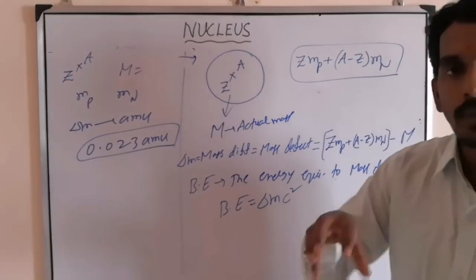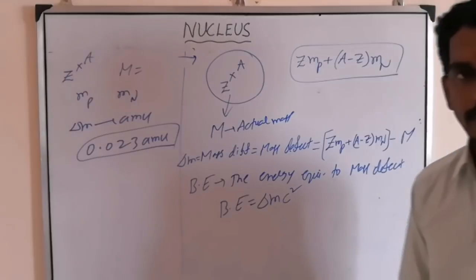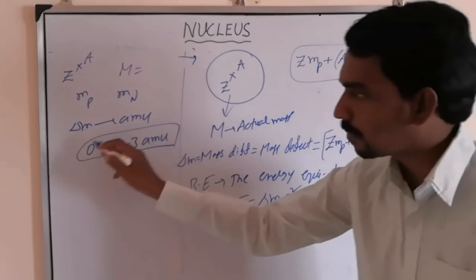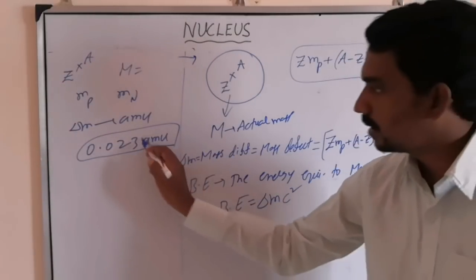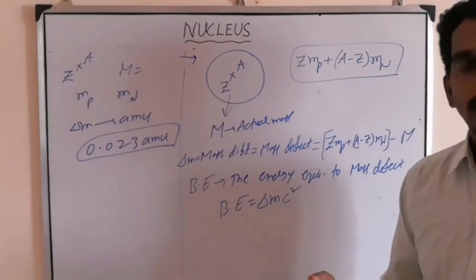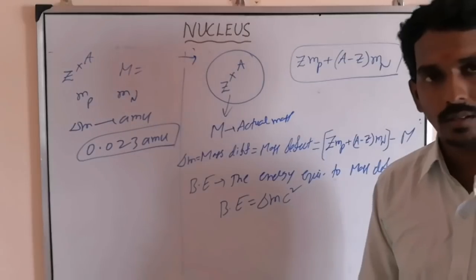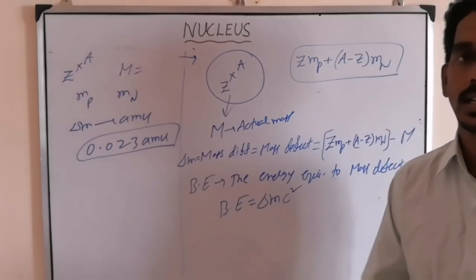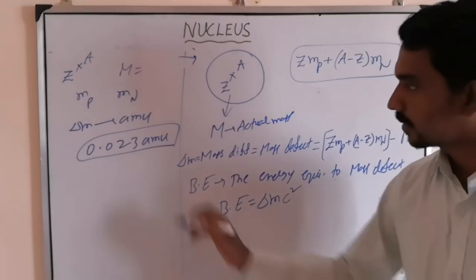They will ask you what is the binding energy of this one. Then what you have to do is multiply this value with 935 or 931. If they mention it, take that value. Otherwise take approximately 935 or 931.